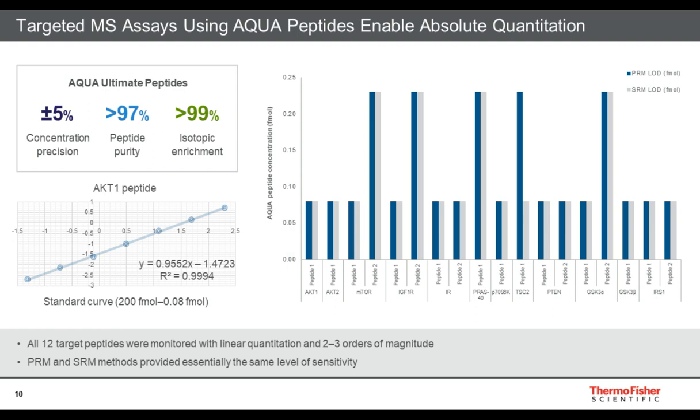As you can see here, we were able to get lower limits of quantitation of 0.08 or 0.23 femtomoles that cover all the target peptides. Essentially, PRM and SRM methods provided the same level of sensitivity.